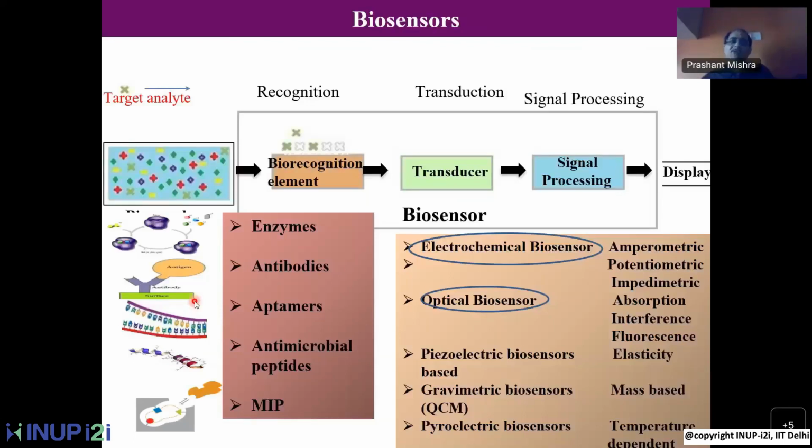So you can have an enzyme where you are detecting the substrate of that enzyme. Here glucose is the substrate. So you take an enzyme which can convert glucose, and ultimately you have the transducer, signal processing element, and display in a particular sensor. And these biosensors could be electrochemical, optical, piezoelectrical, gravimetric, or pyroelectric.